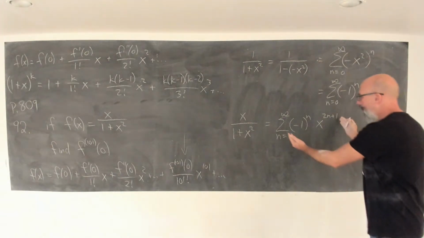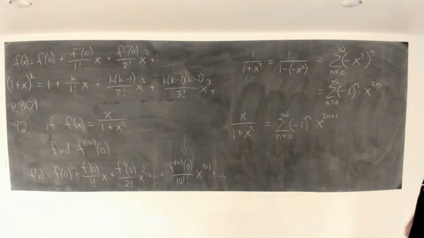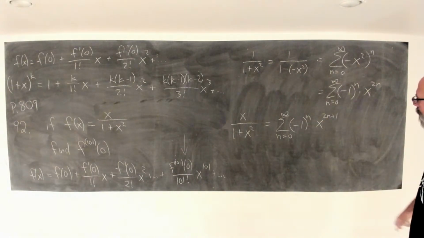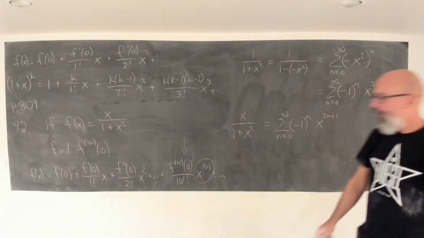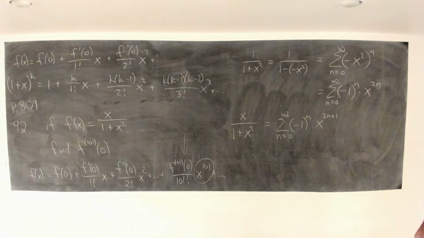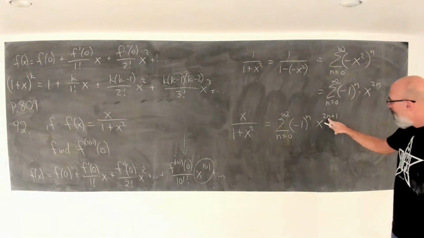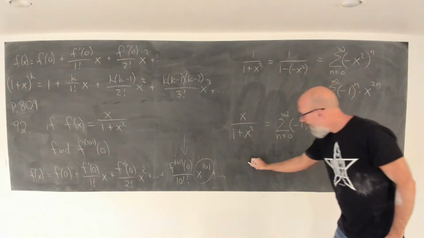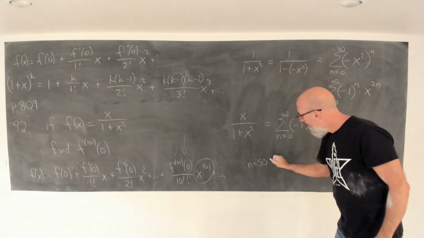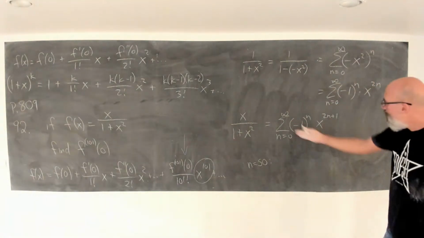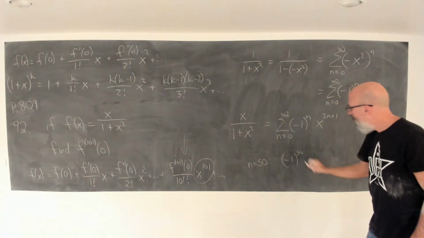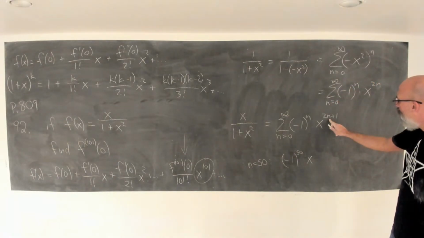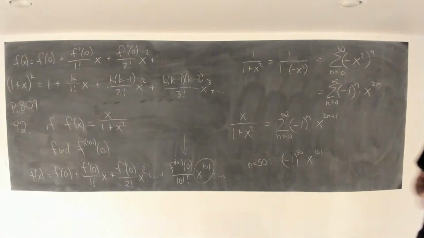Right, so we have the Maclaurin series for that. And all we need to do is look at the coefficient of x to the 101. When n is 50, what happens when n is 50? We have negative 1 to the 50, x to the 101.